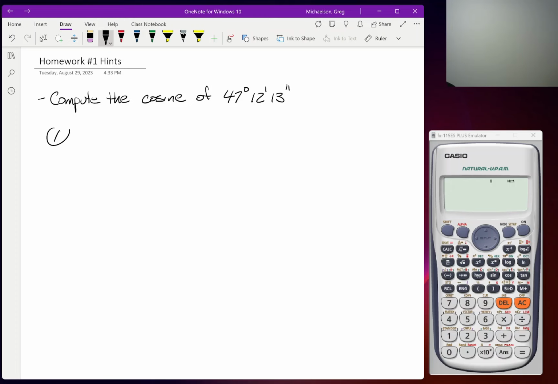Option one, the hard way, is what I would say, which is convert to decimal degrees.